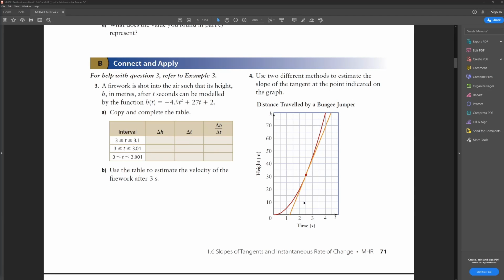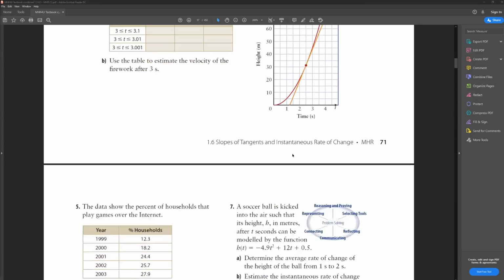So for example, the point 2, 20 seems extremely promising. Then you perform that exact procedure, and once again, you will get approximately 25 meters per second. Again, these values should all be the same because we have a straight line and we're searching for its slope. Now let's move on to question 6.